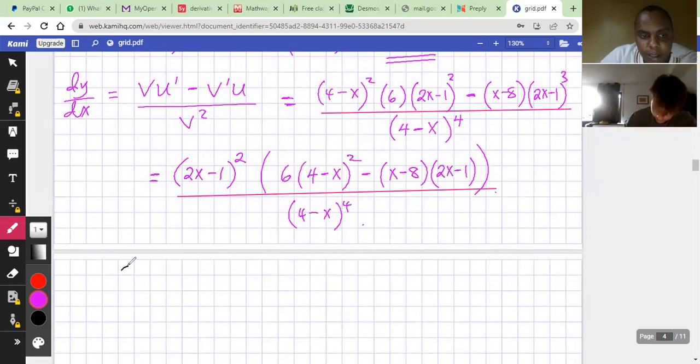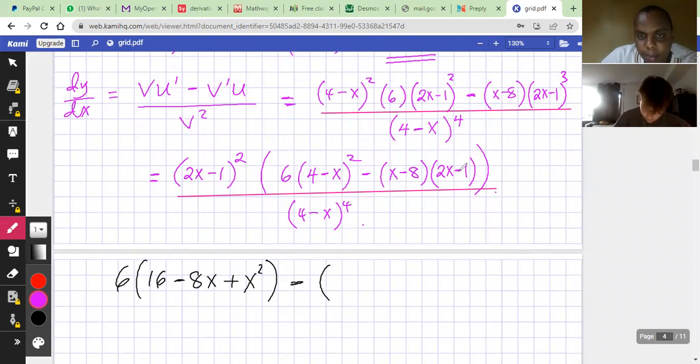Okay, so this is 6 times. That's going to be 16 minus 8x plus x squared, right? Yes. Minus, it's going to be 2x squared minus x minus 16, so minus 17x, then plus 8.